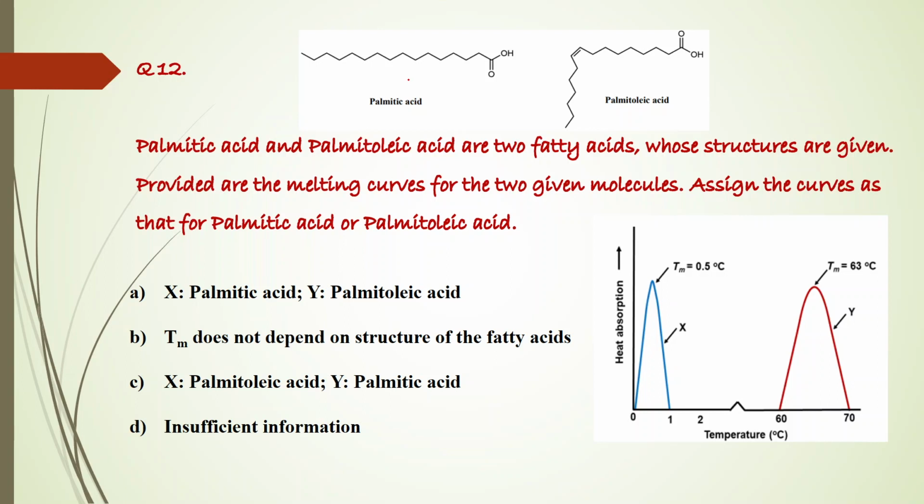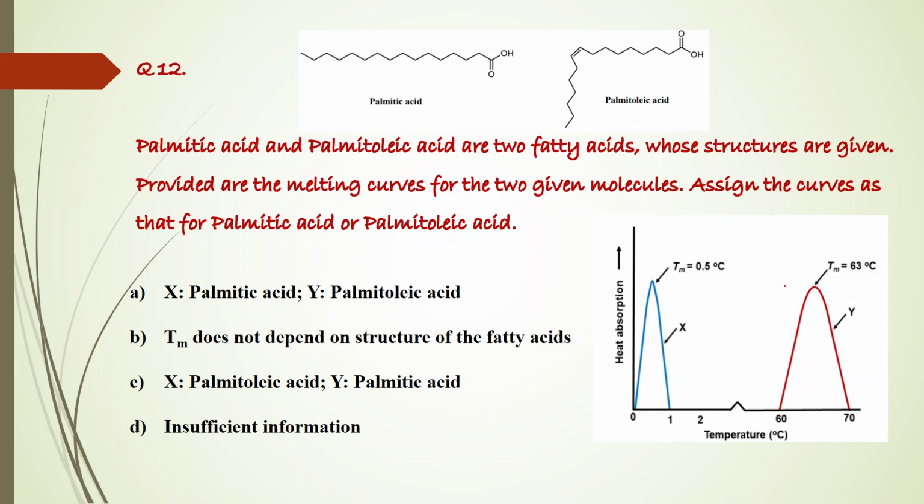X will be either of these two structures. Similarly, Y will be either of these two structures. You have to identify which one among these two structures, palmitic acid and palmitoleic acid, is X and which one is Y. Okay. How can we do that?